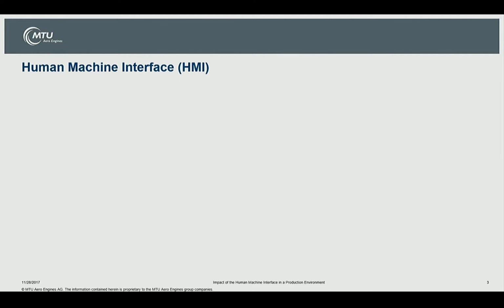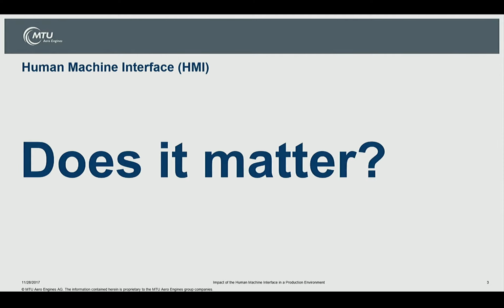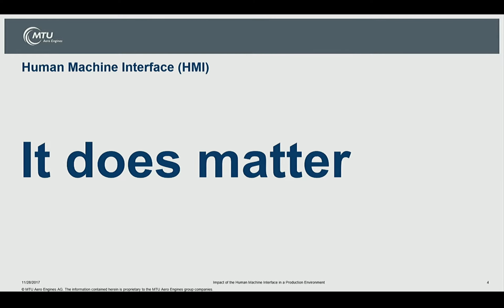And you may be a bit astonished to see a track on the human-machine interface in an Industry 4.0 stream, and probably ask yourself, does it matter? My point is, it does matter. Perhaps you still think it's not important. Maybe you will think in a different way after my presentation.